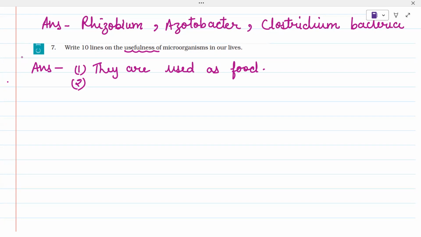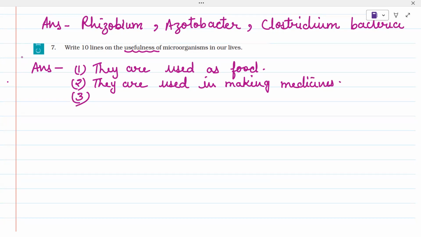Then they are used in making medicines, right? Like there are certain antibiotics which are made by using these microorganisms, right?